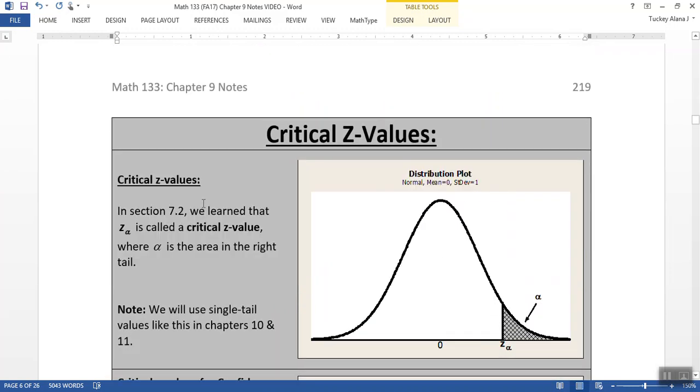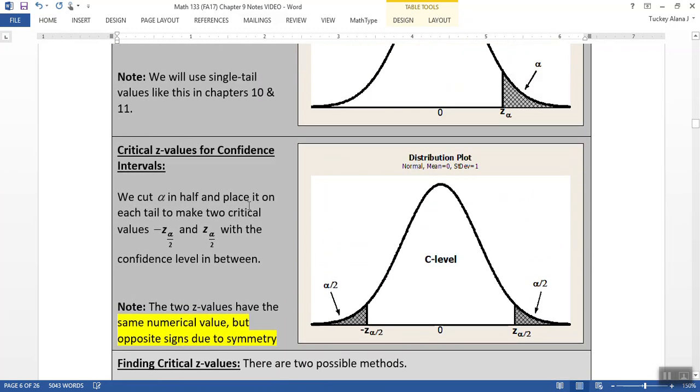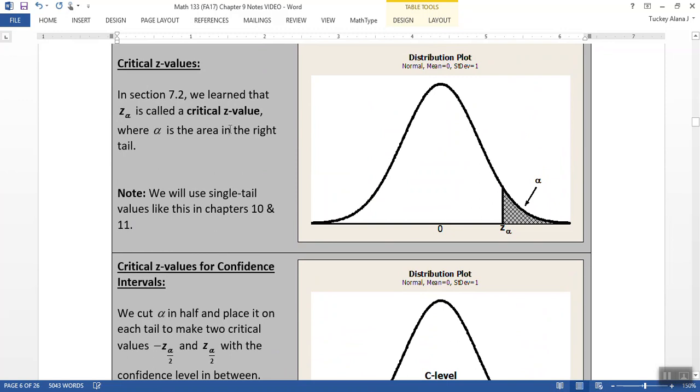So the critical values, we learned this definition in section 7.2. We learned it for a single tail, and we actually learned both the left and the right, in fact. So z alpha is on the right, negative z alpha is on the left. Alpha, which is your subscript, is the area. So the area in the tail is that alpha.